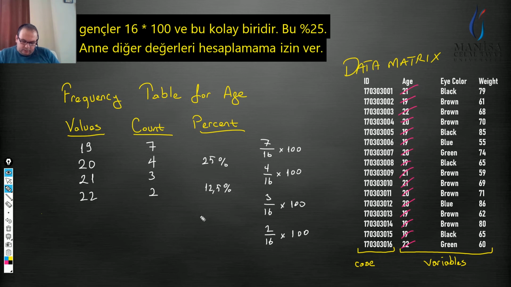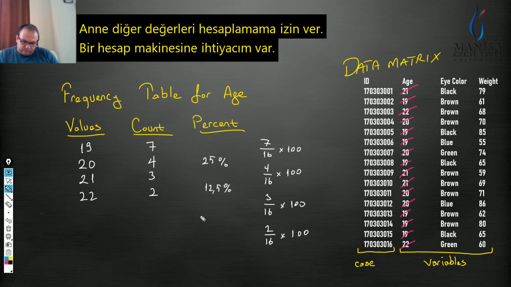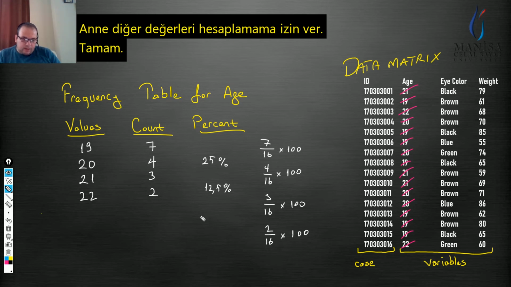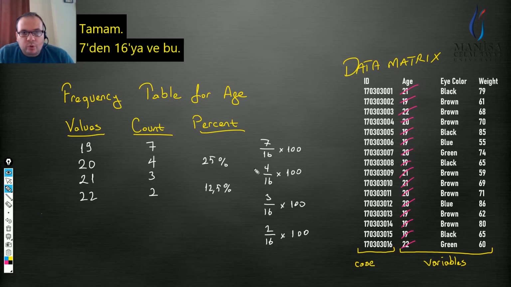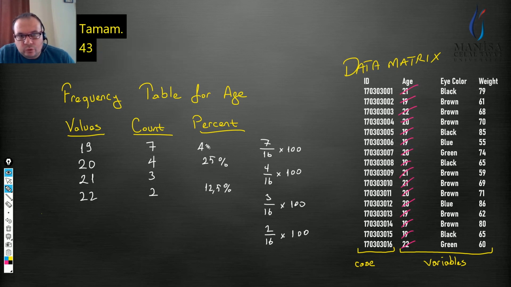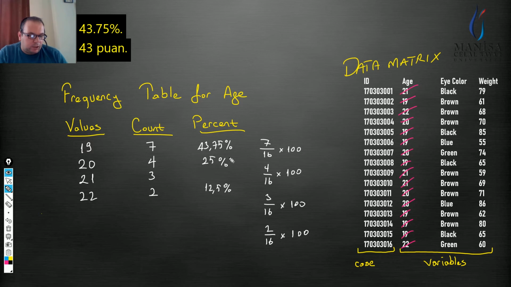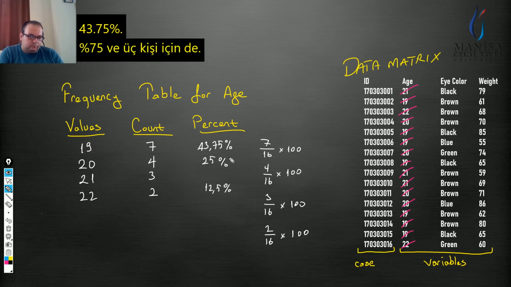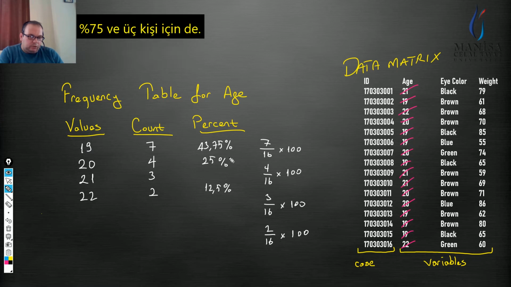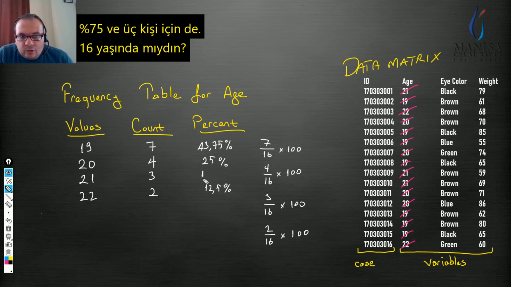I need a calculator. Okay, 7 over 16 makes 43.75%, and also for 3 over 16, it's 18.75%.